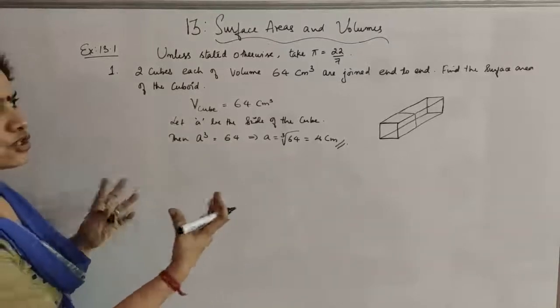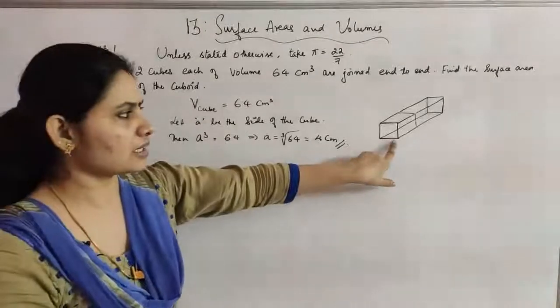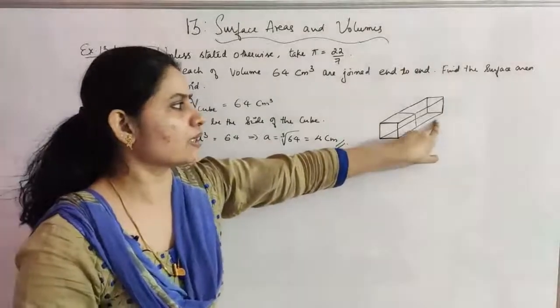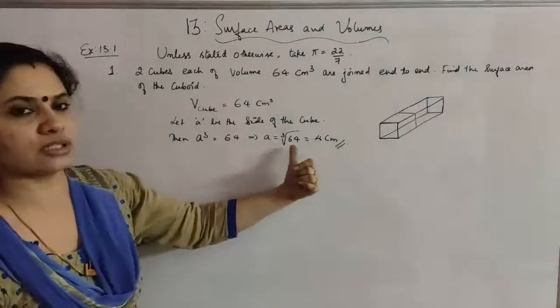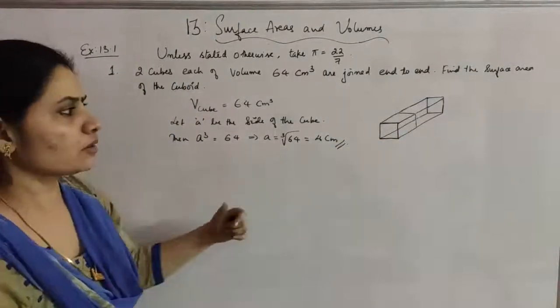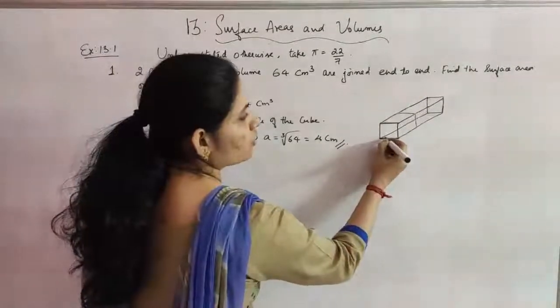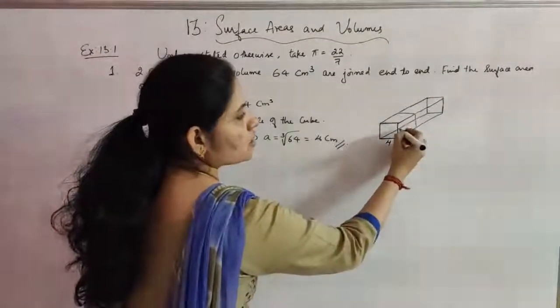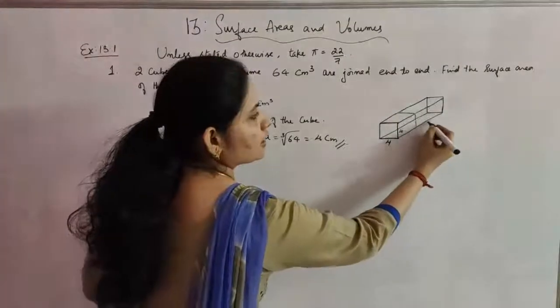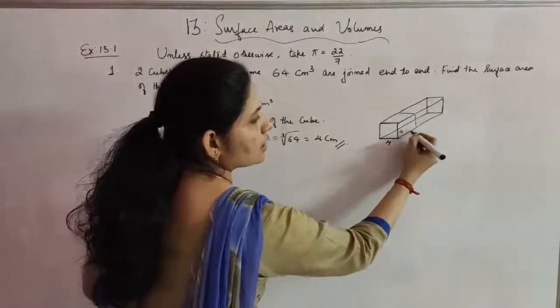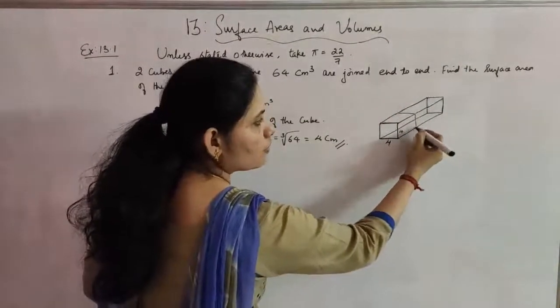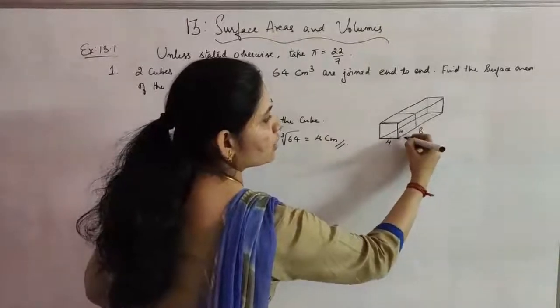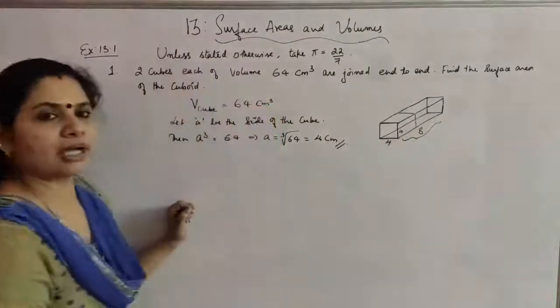Now when they are joined end to end, the length will become twice the length of the side of the cube. That means if this is 4, height is also 4, but this is b, this is h and this is l. If you are taking 4 plus 4, it will become 8. So the length will become 8.